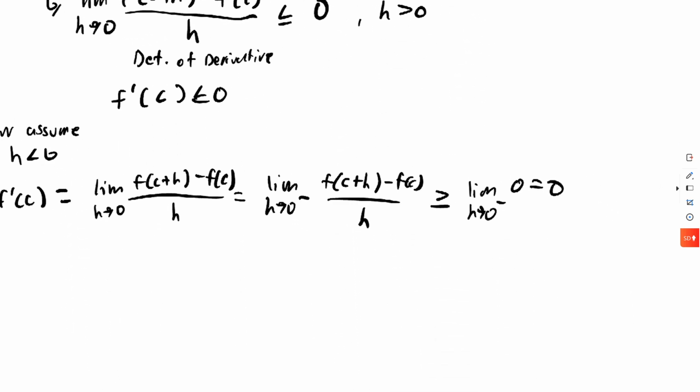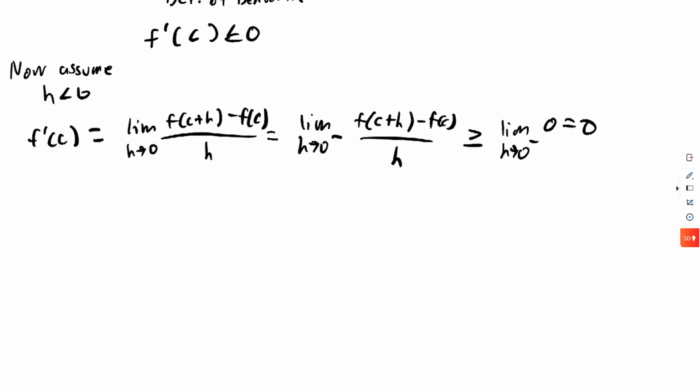In this case, it's going to be greater than or equal to. The difference is that we're looking at the left-hand limit, since we're assuming h is less than 0. So this argument is essentially showing that f prime of c is greater than or equal to 0.